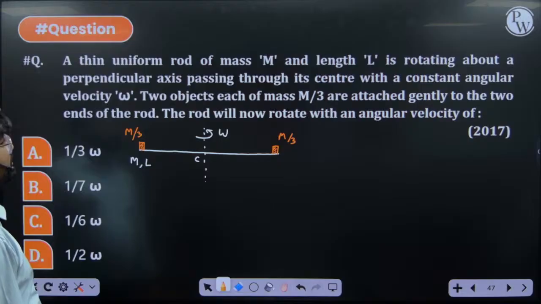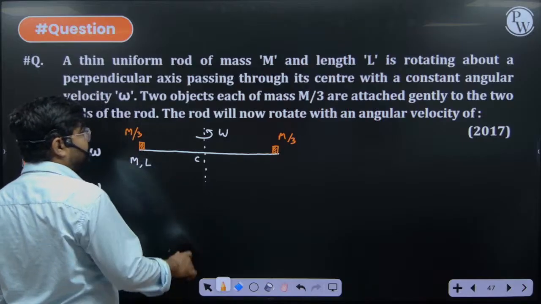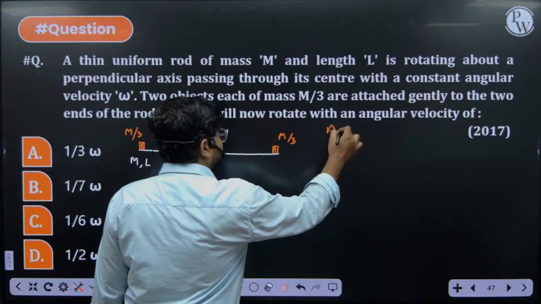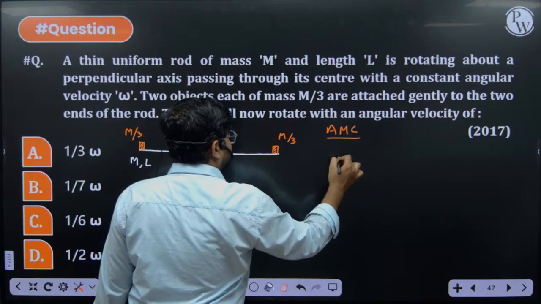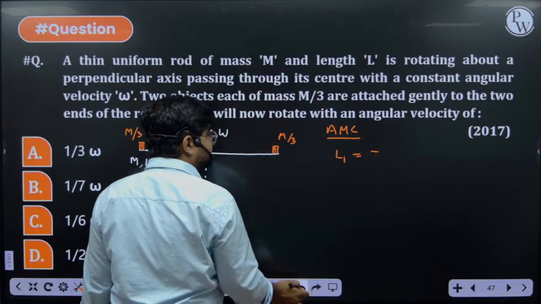The rod will now rotate with how much omega? So the thing is, angular momentum is conserved here. So initial angular momentum equals final angular momentum.